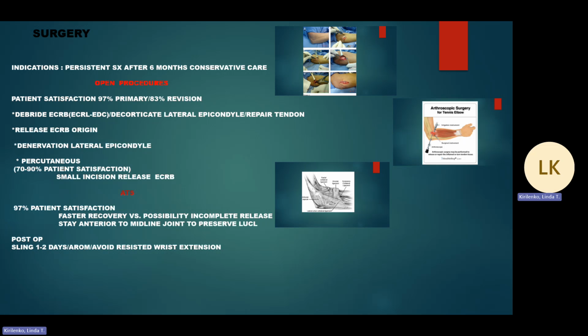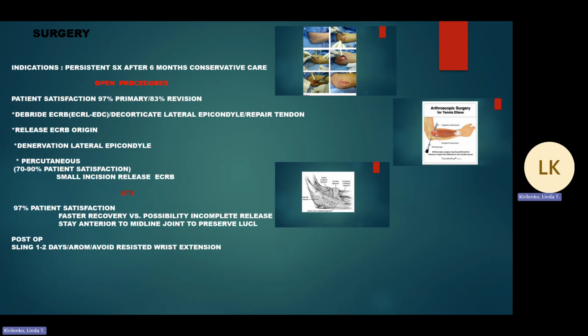The surgery involves debridement of the ECRB or the ECRB EDC interval with decortication of the lateral epicondyle and repair of the tendon. You can simply release the ECRB tendon. You can do this through a small percutaneous open incision. You can also denervate the lateral epicondyle.